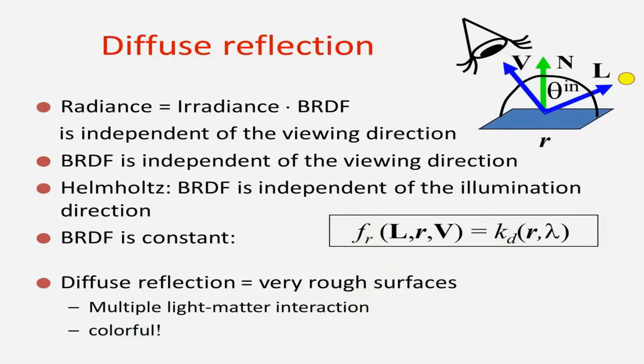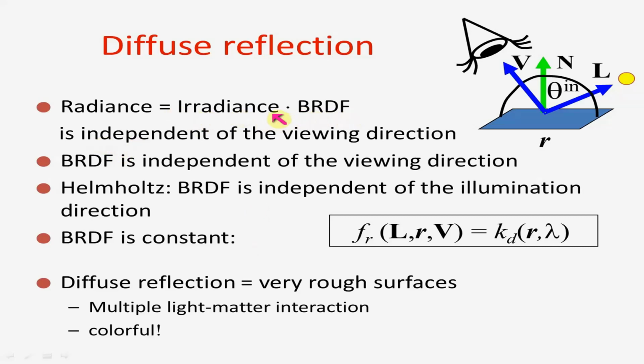Our first model is for very, very rough surfaces where all photons get reflected multiple times. Such materials include snow, sand, wool, chalk, clothes, and so on. And indeed, they have a matte look, and they look the same from all viewing directions. The reflected radiance, which equals the irradiance multiplied by the BRDF, is independent of the viewing direction.